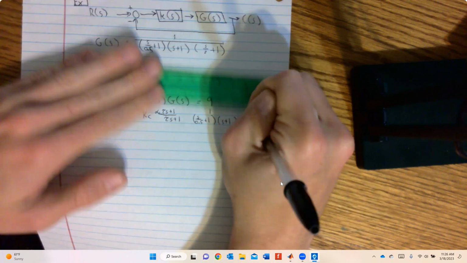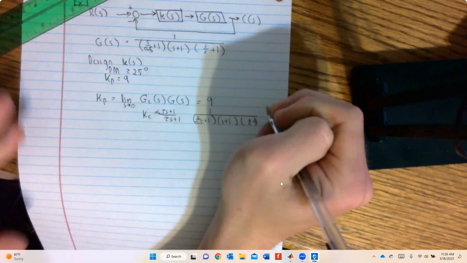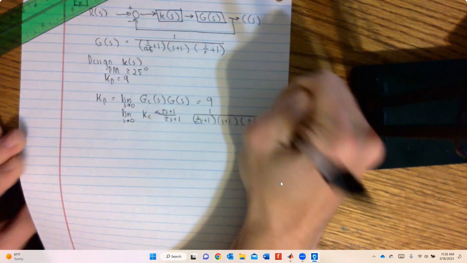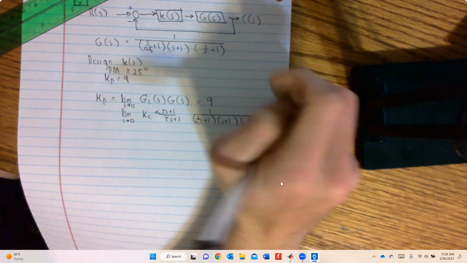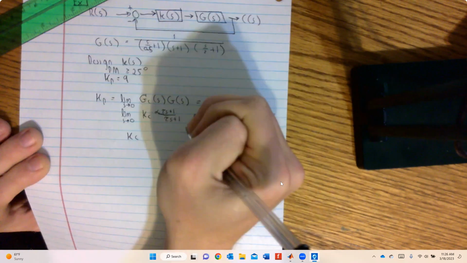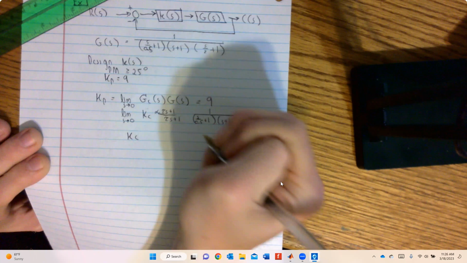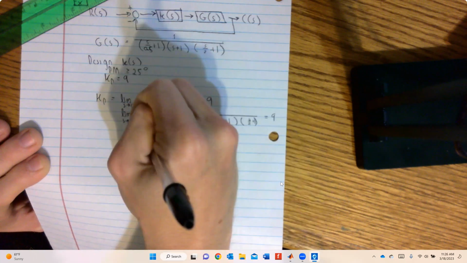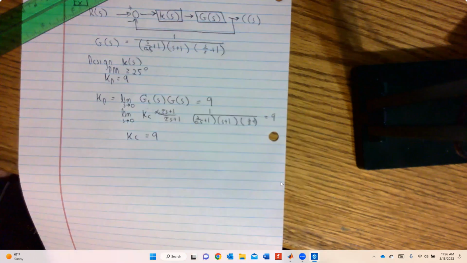So this is the limit as s goes to 0, and all that is equal to 9. When s is equal to 0, it's going to be Kc times 1 over 1 times 1 times 1. So Kc is literally going to equal 9. Okay, that's what we see here, and now we determined our constant.